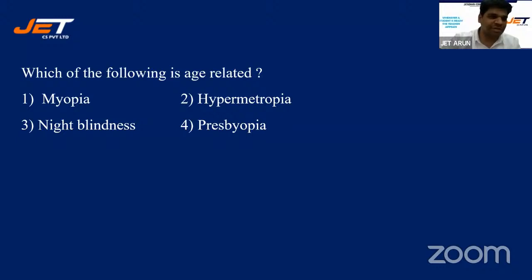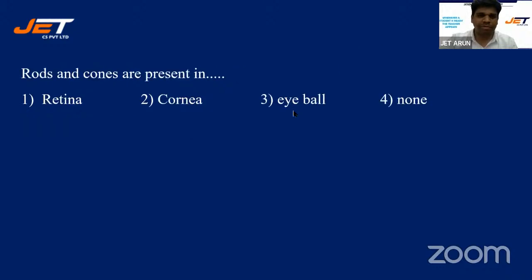I appreciate the effort you're putting. Thank you for the effort. But you could make this task a little easier by just writing the option number, students. It is presbyopia. Absolutely right, students. Four is absolutely right. Brilliant. I really appreciate that. Brilliant. Look at this one. Rods and cones are present in retina, cornea, eyeball, none.